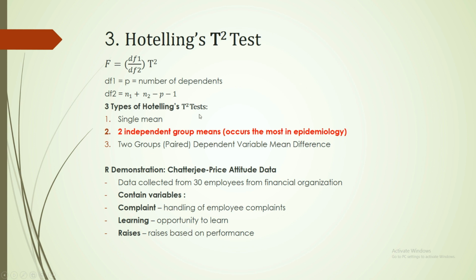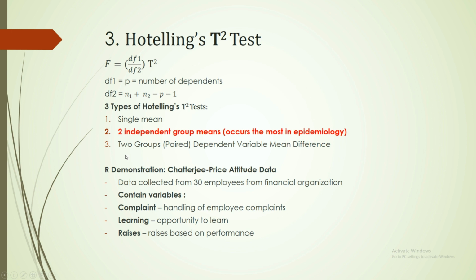There are 3 types of Hotelling's T-square tests. The first one, we test to see if the mean from the sample is too different from a mean that we have set up. The second one is the 2 independent group means test, so we're trying to test the means of 2 groups that are independent.